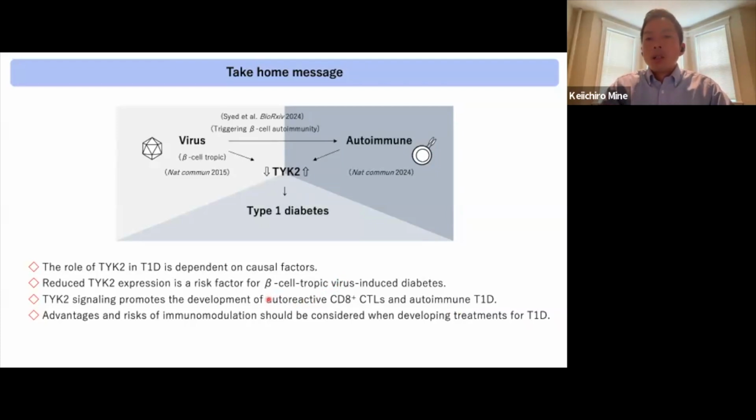In addition, a recent paper adds insight into virus-induced autoimmune diabetes. From our studies, we believe that the advantages and risks of immunomodulation should be considered when developing treatment for type 1 diabetes.